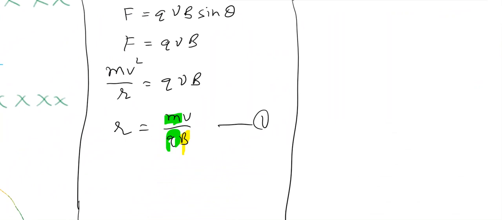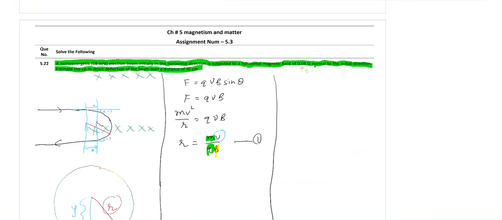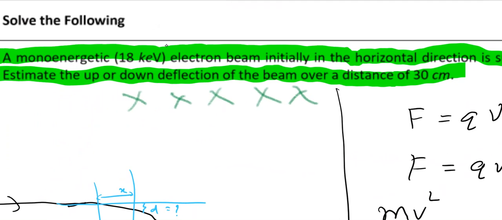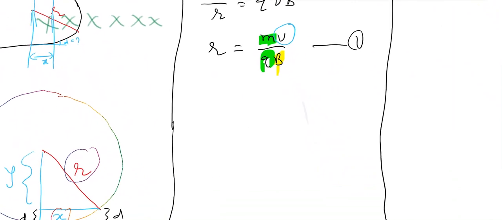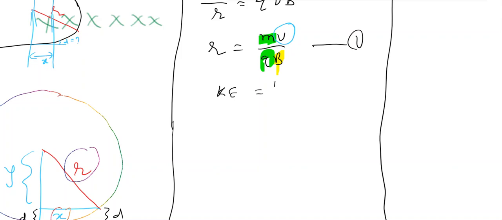Now the point is, how do we find out v? For v, we are given that the kinetic energy is 18 keV. So what we can do is use the formula, kinetic energy is half mv square.